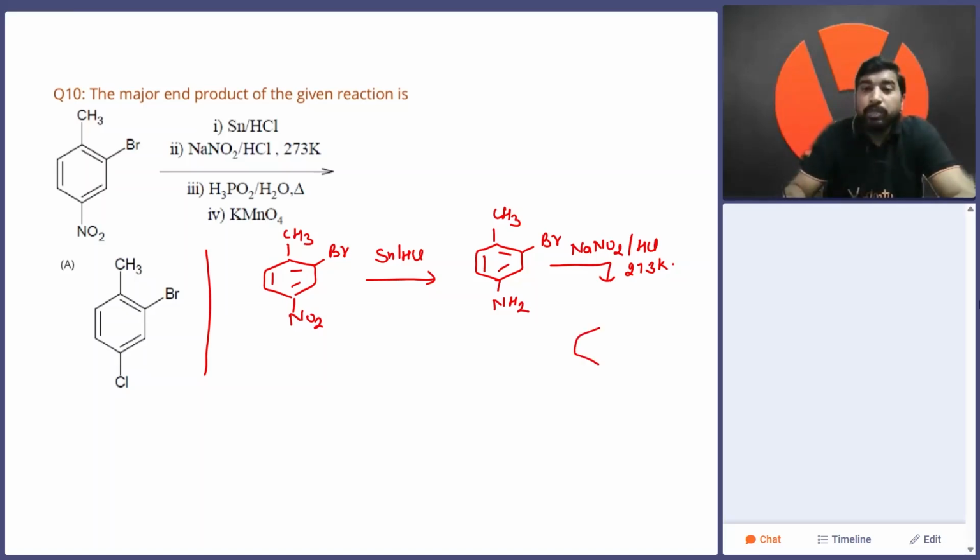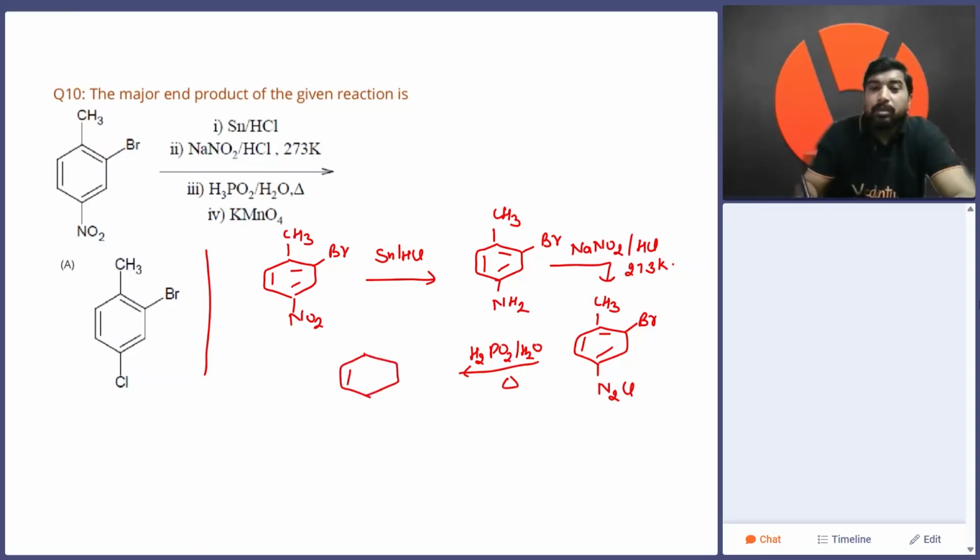So the product in this case should be CH3 and Br, and this will convert into N2Cl. After this, it will react with H3PO2 in the presence of H2O and heat. This reagent will convert the diazonium salt into benzene, so CH3 and Br, and here hydrogen will come.